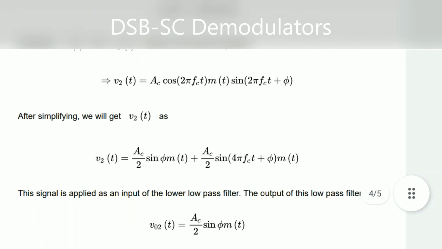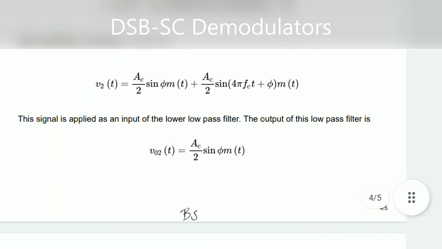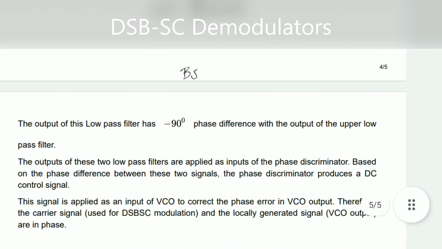Putting the values here, at last we get v2 of t equal to Ac by 2 sine phi into m of t plus Ac by 2 sine 4 pi fct plus phi m of t. Passing this to the low pass filter, the output of the lower low pass filter is v02 of t equal to Ac by 2 sine phi m of t. So these are the two outputs we get after passing through the low pass filters.